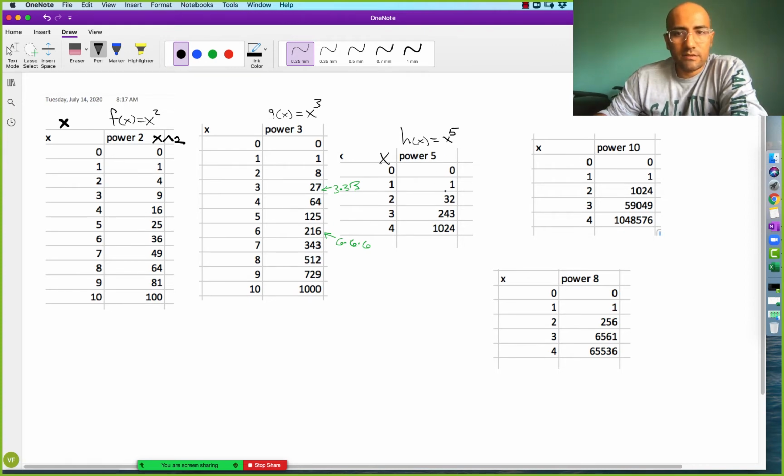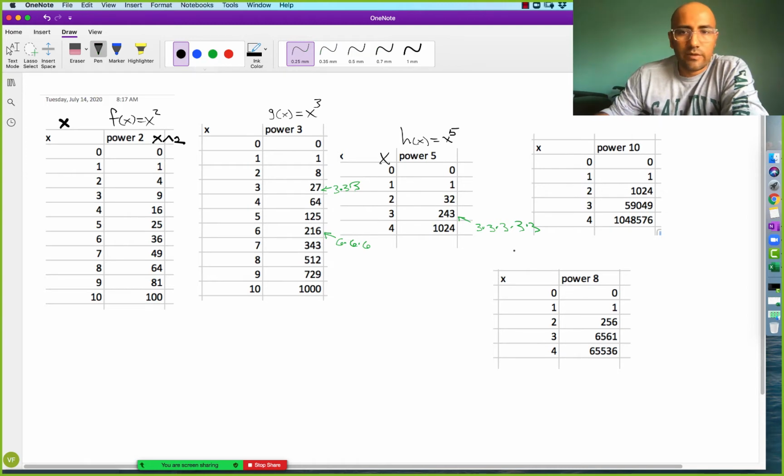That's how we get this. 1 to the 5th power, that's still 1. 2 to the 5th power, that's 32. 3 to the 5th power, that's 243, right? So this guy right here, for instance, is 3 times 3 times 3 times 3 times 3, 1, 2, 3, 4, 5 different times. That's how we get this 243. And then self-explanatory for these, right?